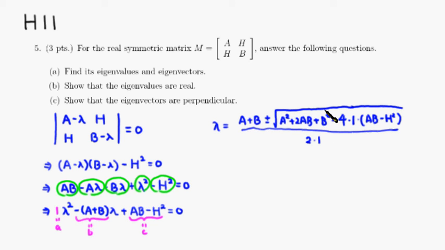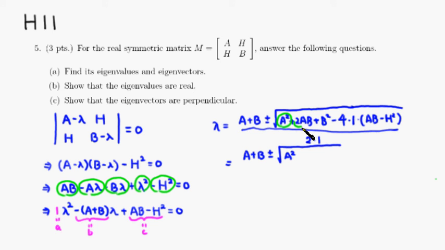Then we can simplify a little bit. It looks still ugly, but A plus B plus or minus, right here, we have A squared.